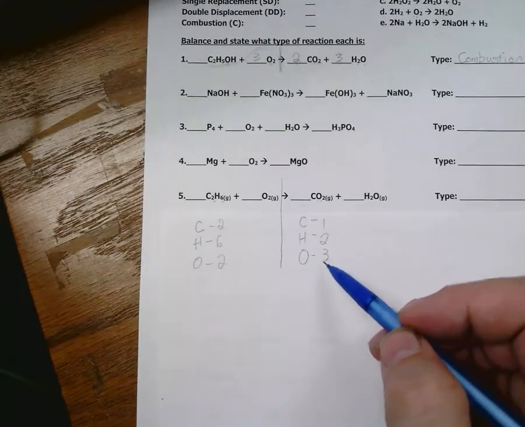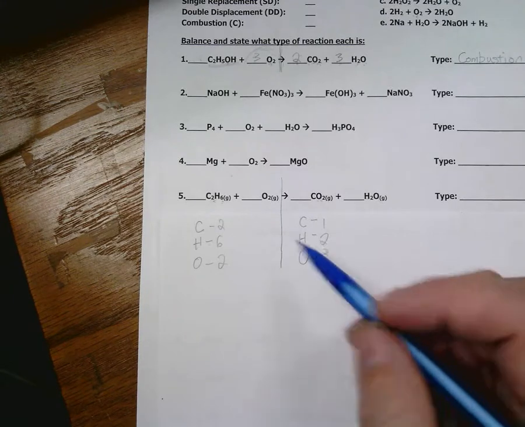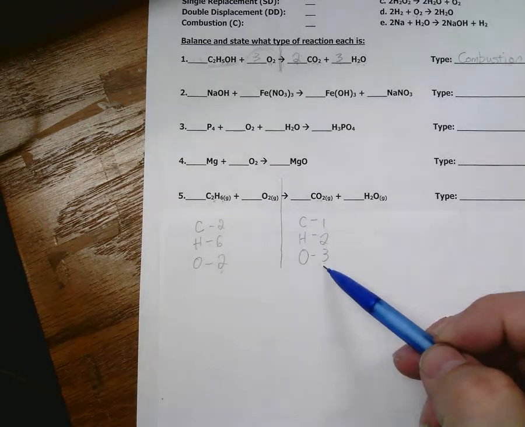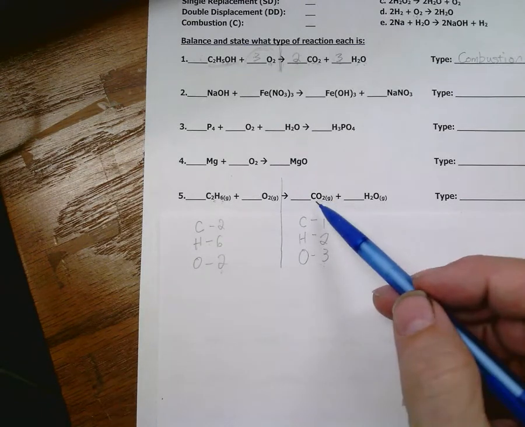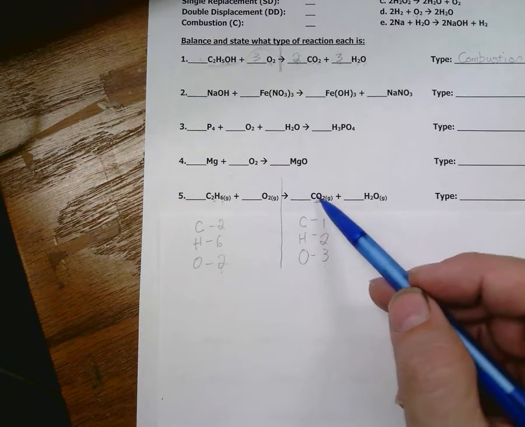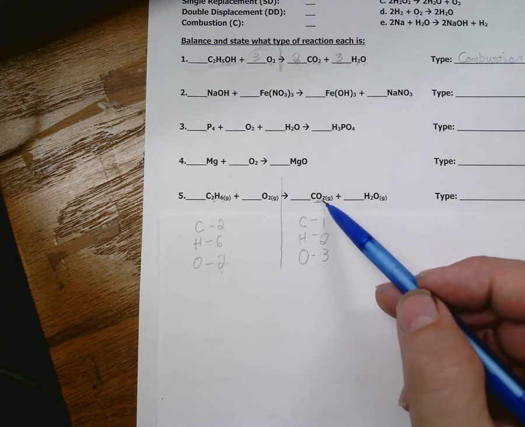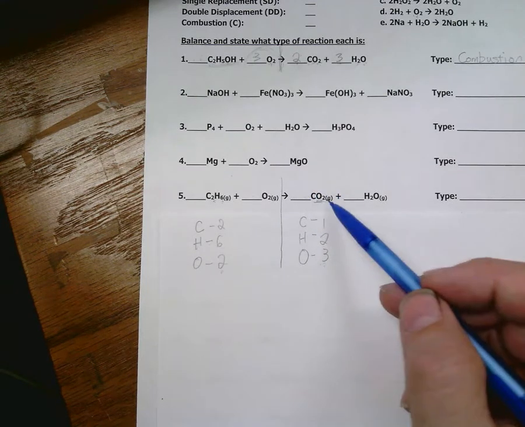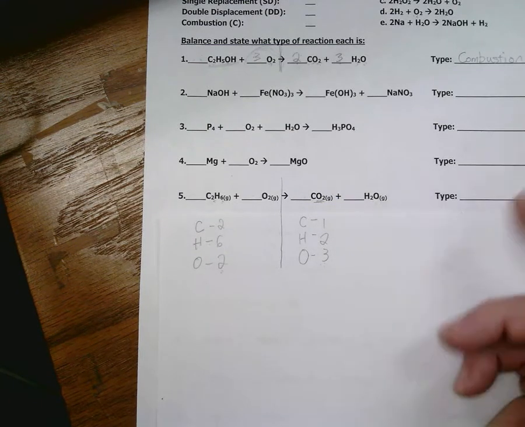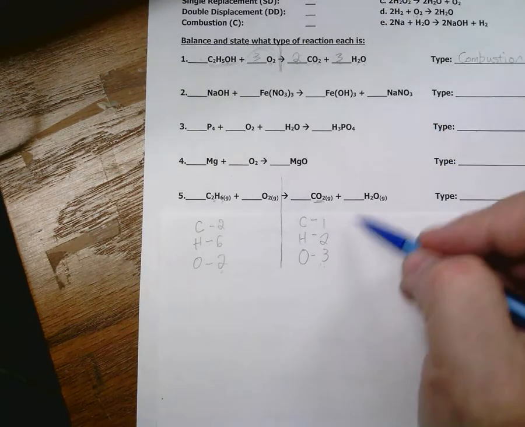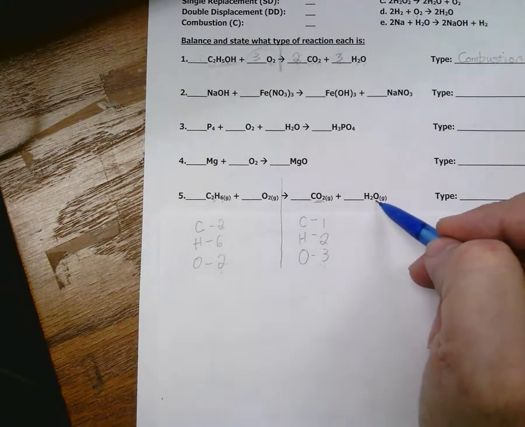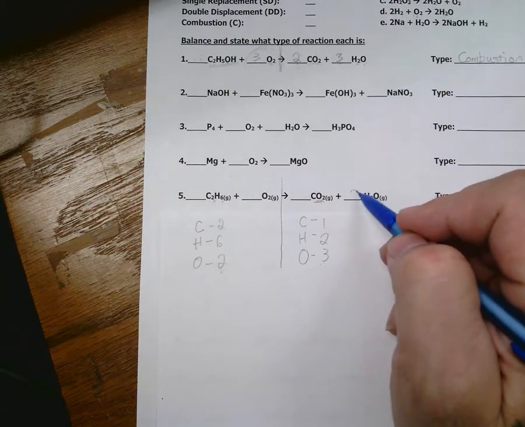Now I know for a fact that I'm never going to have any multiple of this 2 here to make 3. And I know I already have 2 here, and whatever I multiply this times, 2 times 2 is 4, 3 times 2 is 6, 4 times 2 is 8. This is always going to come out an even number, and if I add this one, it's always going to be an odd number. So I need this 1 to become an even number, and the easiest way to make an odd number into an even number is to multiply it times 2.